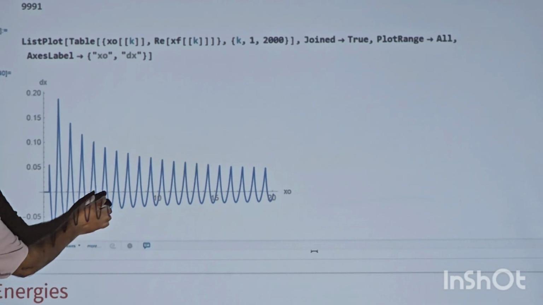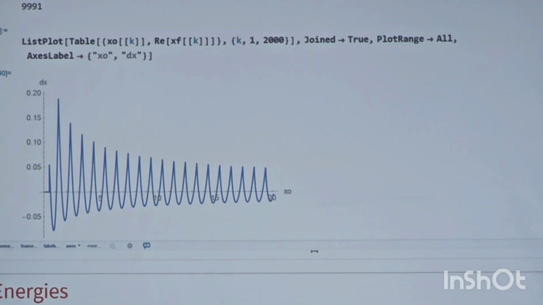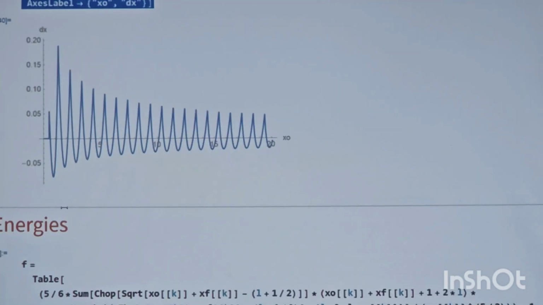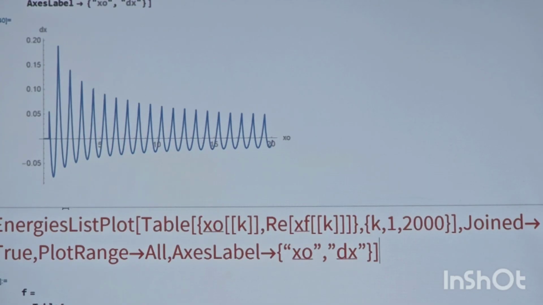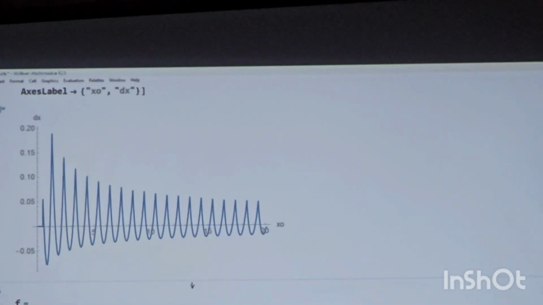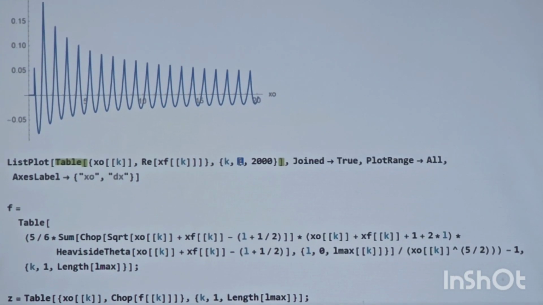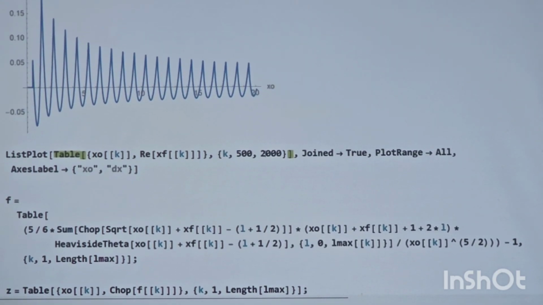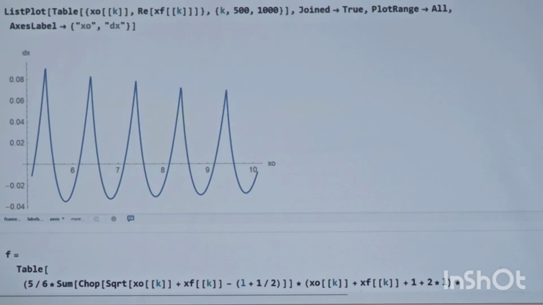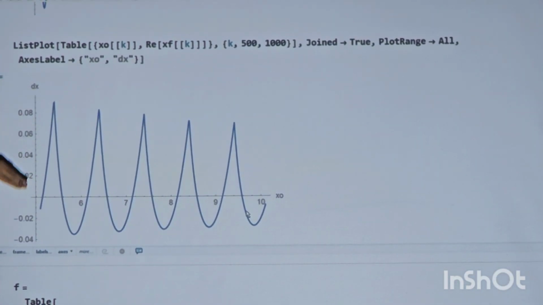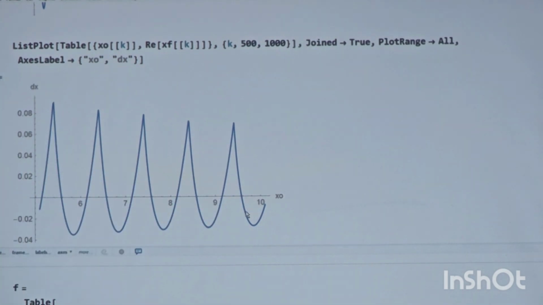And this period here, let me zoom in even further. See, this is your delta x, the change in Fermi energy for a particular value of x naught.